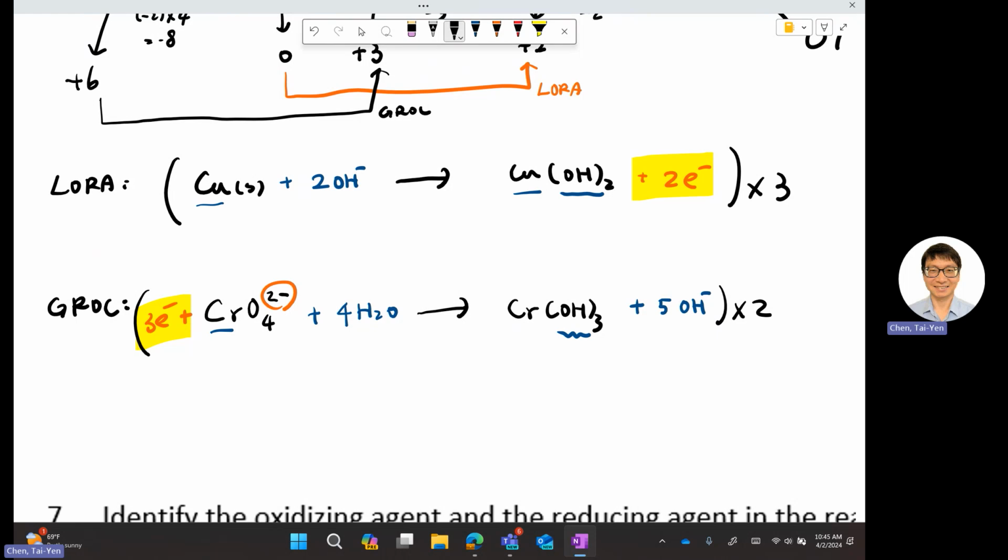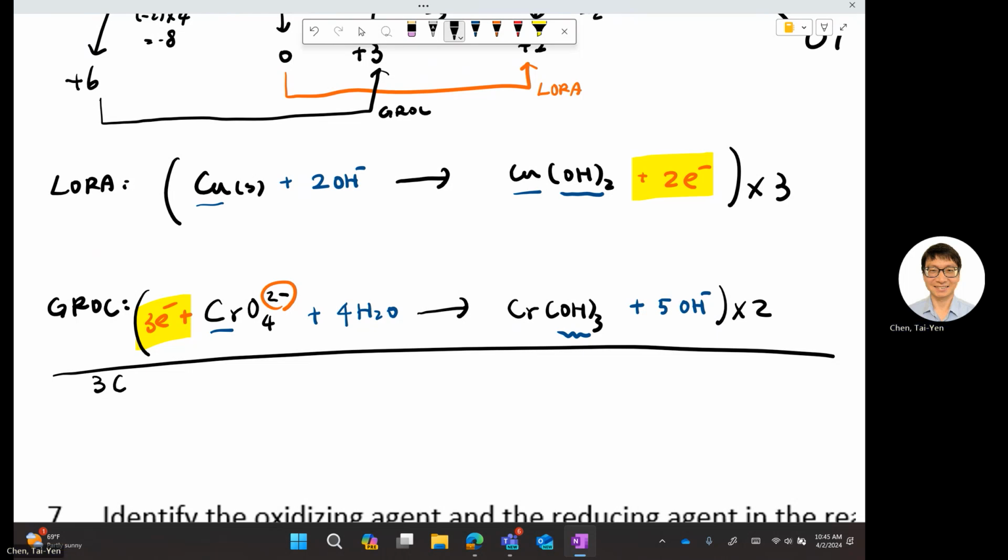Once you do that, you're going to have 3 Cu plus 6 OH minus, plus 2 CrO4 2 minus plus 8 H2O. That's all the things you have for your left-hand side.